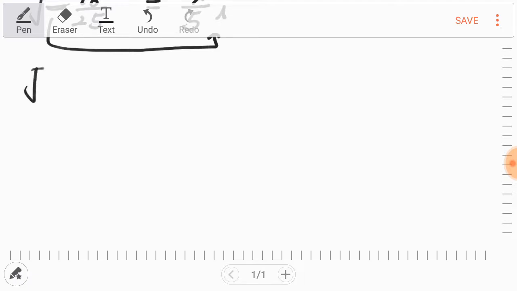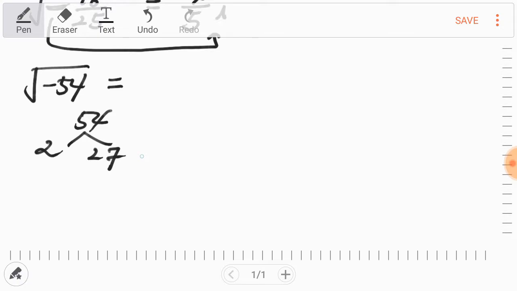How about square root of negative 54? Okay, 54 is not a perfect square, so we have to rewrite 54 with the product of some squares. So let's find out those factors. 54 is, let's start with 2, then 2 times 27.